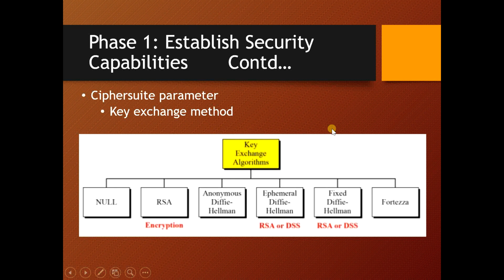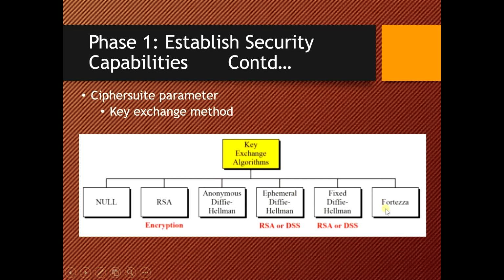Mainly we do not focus on the null algorithm because there is no key exchange and no pre-master secret is established between the client and the server. So we mainly focus on the remaining ones: RSA, anonymous, ephemeral, fixed, and Fortezza.